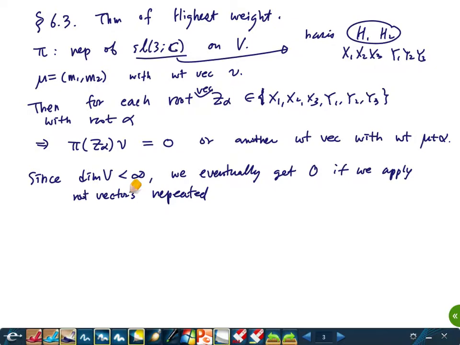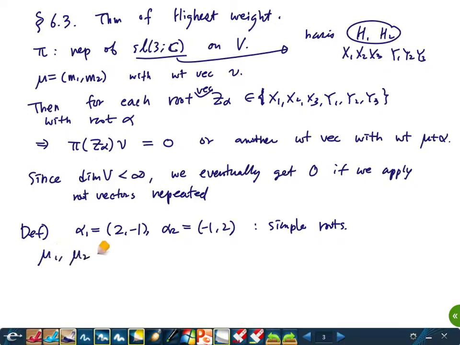Okay, so here's a definition. We selected these special root vectors, and they are called positive simple roots, or just simply simple roots. Then other roots will be a linear combination of these with all non-negative integer coefficients or all non-positive integer coefficients. And let's say we have two weights of a representation, say pi.